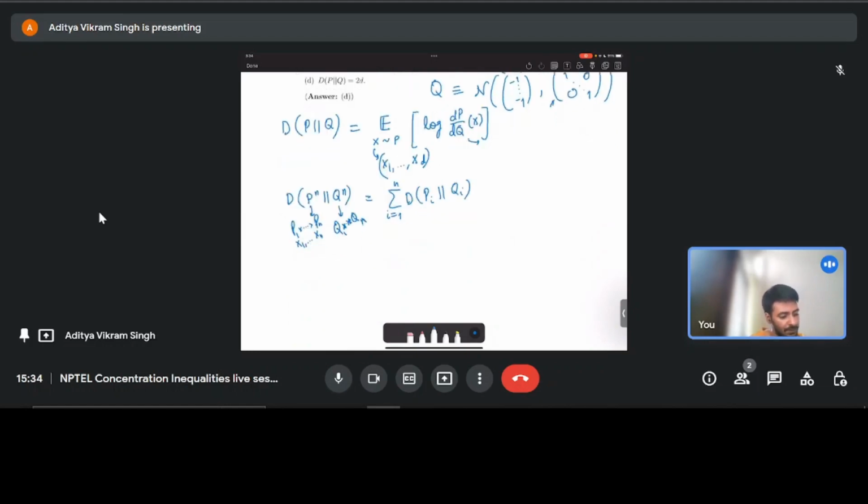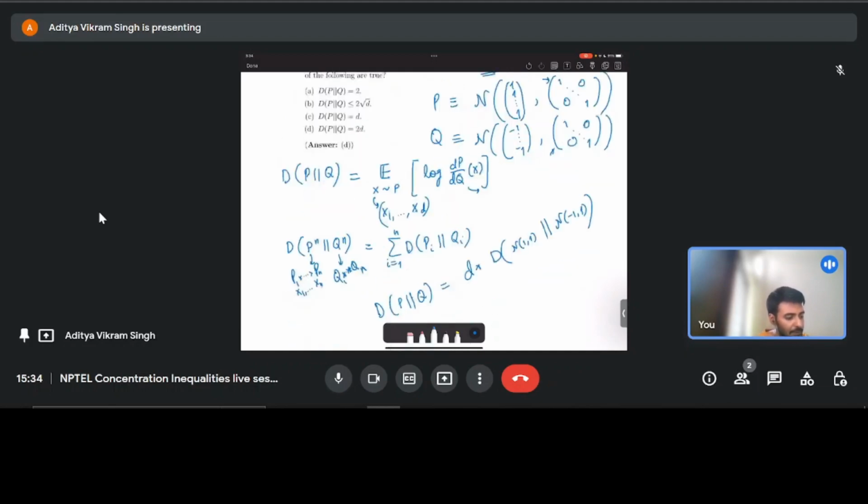Okay, so this D in our question, D(P||Q), is just d times the KL divergence between these one-dimensional Gaussians. The means are 1 and -1, and the variance is 1.